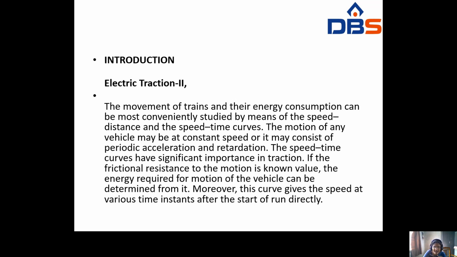So the speed time curves have significant importance in traction. That means the train will travel at the same constant speed, or maybe it consists of periodic acceleration and retardation. Sometimes the speed will increase, and that is nothing but acceleration, and sometimes the speed will decrease, that is nothing but retardation.